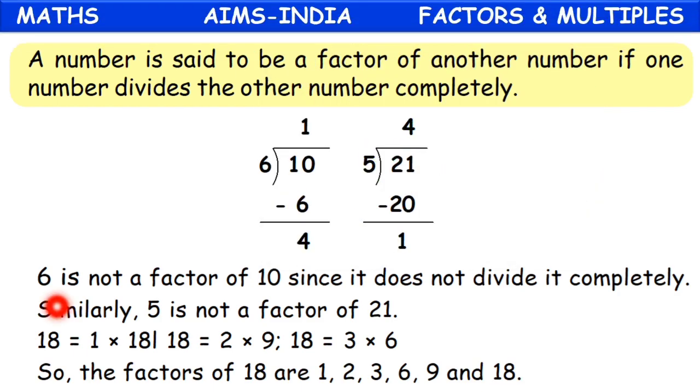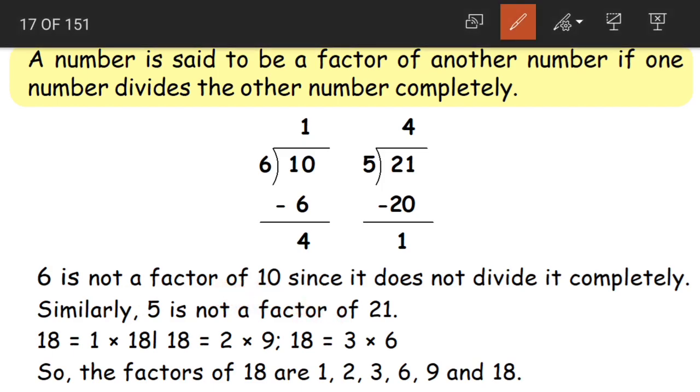But here 18 ones are 18. Yes, we have 2 nines are 18 and 3 6 are 18. Yes or no? So the numbers 1, 18, 2, 9, 3 and 6 become our factors.